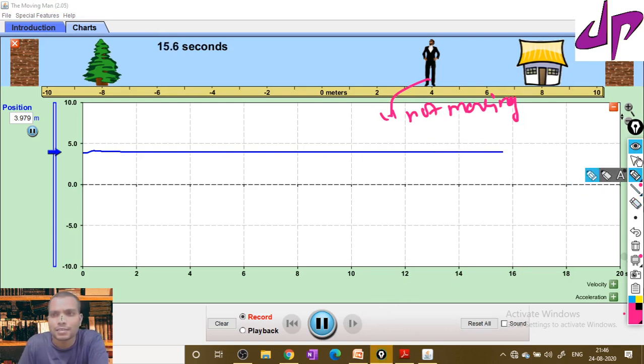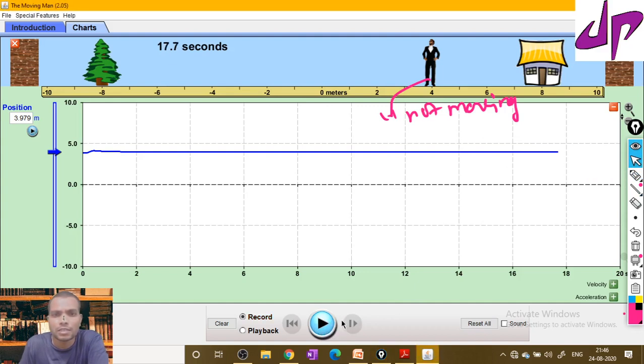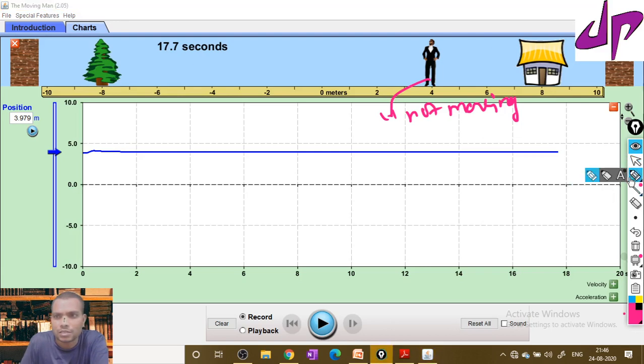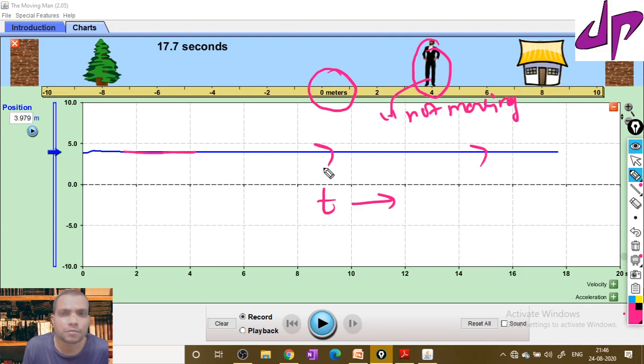When he is at rest, look at the position-time plot. As the time increases, 0, 2, 4, 6, 8 seconds like that, the position of the person remains constant, where he was. Since he is at 4 meters from the reference point, with 0 meters as the reference point, that's why the graph is plotted from 4.